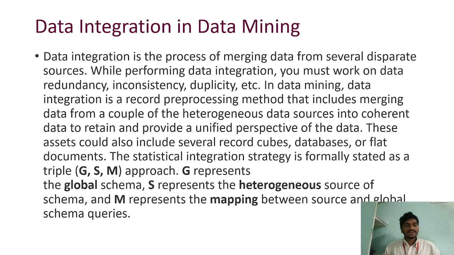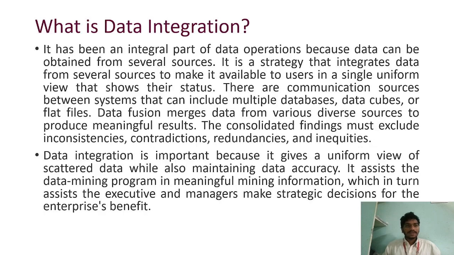Mainly, data integration indicates the integration of the data from multiple sources, either a data warehouse or multiple source databases, collecting the information from multiple sources and merging the data into one place.